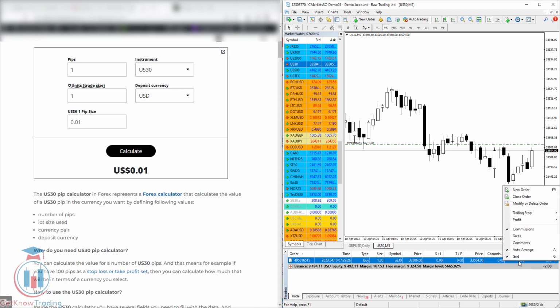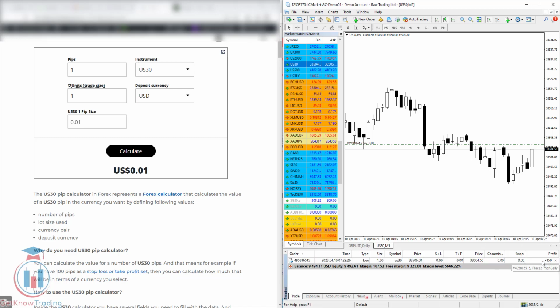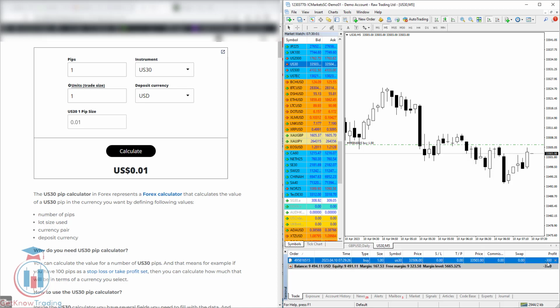You can use the right mouse button, set profit and leave it as points, which means the change here, minus 150, is the number of pips, and here is the money in your deposit currency. In this case there are minus 300 pips, which is equal to $3.